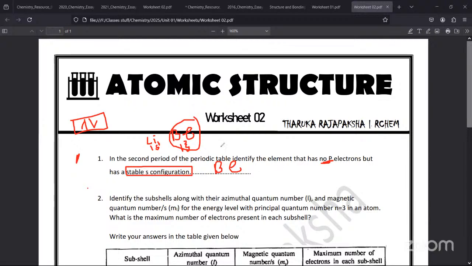Next question. Identify the subshells along with the azimuthal quantum number L and the magnetic quantum number m sub L with principal quantum number n equal to 3. For n equal to 3, what are the possible L values?